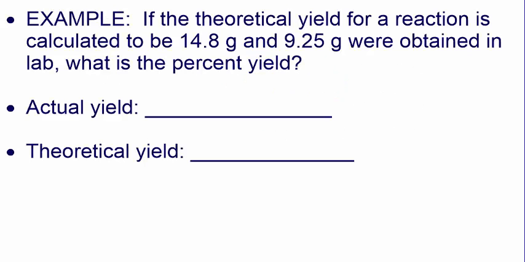So if we look at an example problem, if the theoretical yield for a reaction is calculated to be 14.8 grams and 9.25 grams were obtained in lab, what is the percent yield? Alright, so I'm underlining and circling the way I'm supposed to. So I need to label these. Which one of these is my actual yield and which one is my theoretical yield?